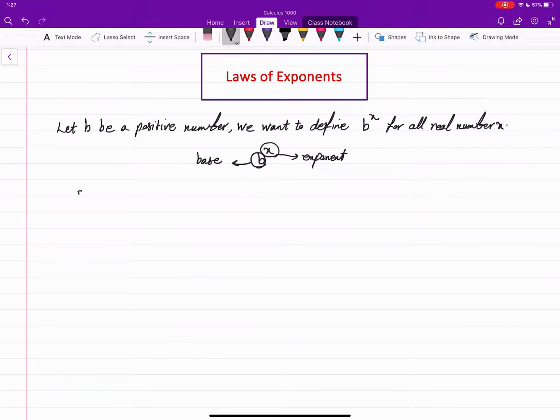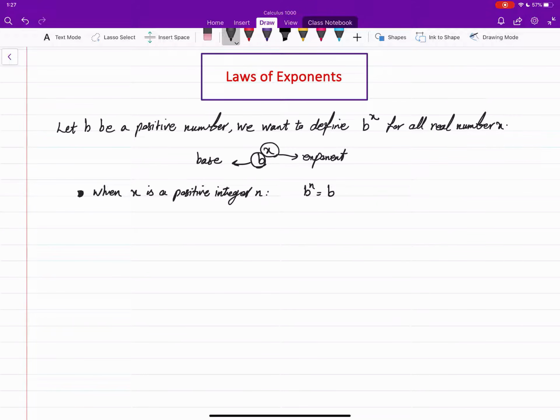Well, how do we do this? We know how to deal with this when x is a positive integer, like n: 1, 2, 3, 4, any of those numbers. Then b to the power n is very easy algebraic notation.